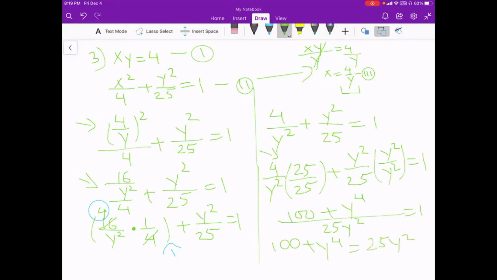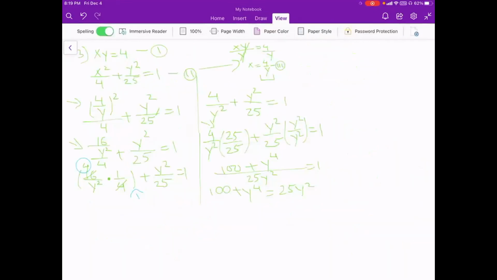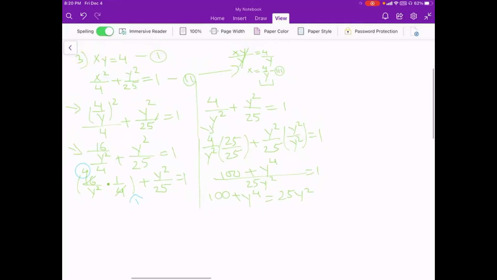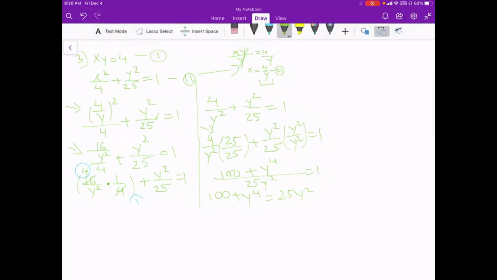Again, I multiplied 25y squared with the 1 in there. And now you have to bring everything to one side. So I'll have to transpose the 25y squared to the other side. So it's y to the 4th minus 25y squared minus 100 is equal to 0.